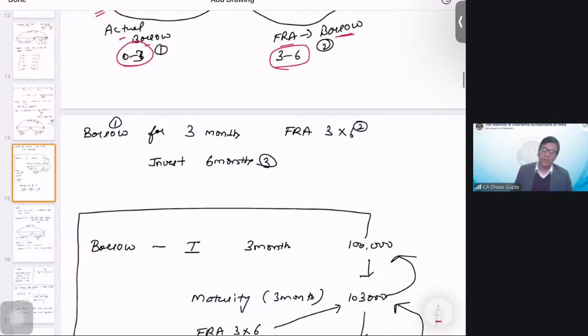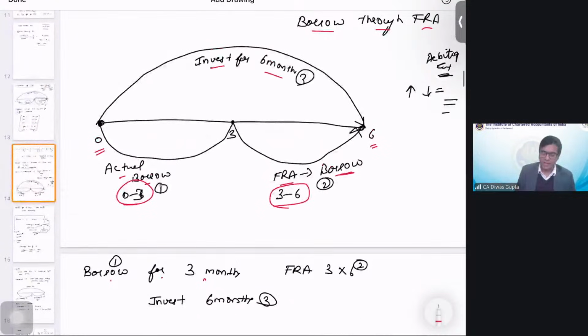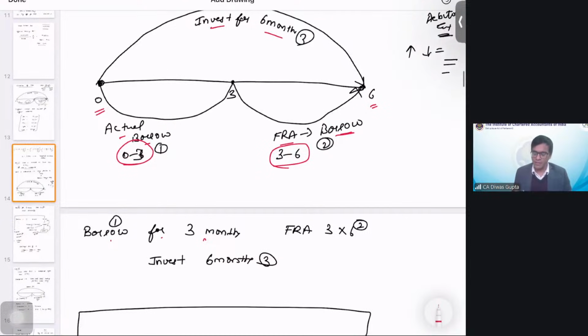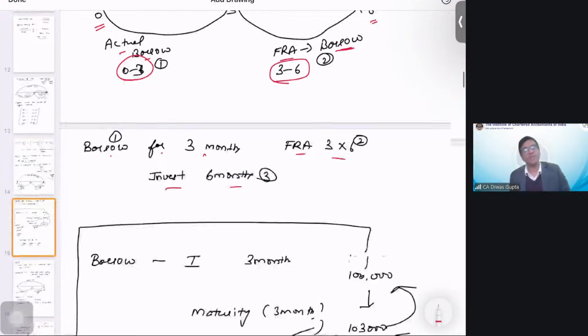Okay. Now, borrow for 3 months. This is technically our stand. As of today, we will borrow for 3 months, and we will also purchase an FRA of 3 by 6. Again, I am repeating, we will also purchase an FRA of 3 by 6, and then we will invest the borrowing that we have done today for 6 months.